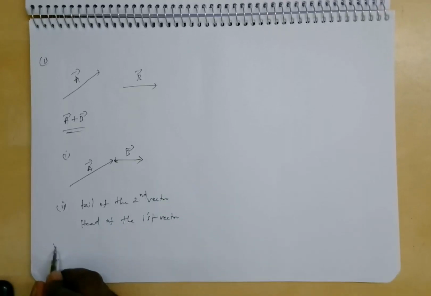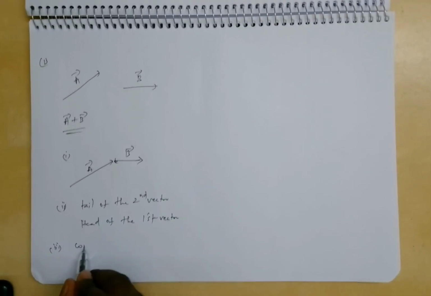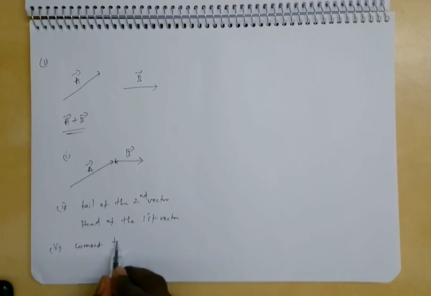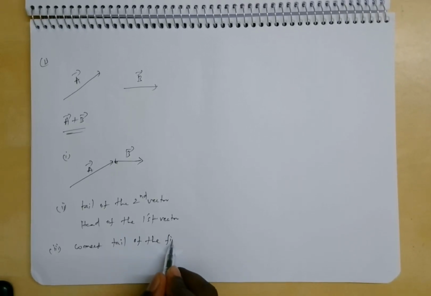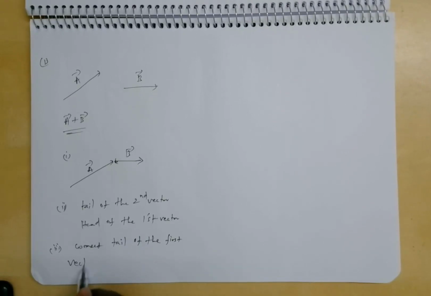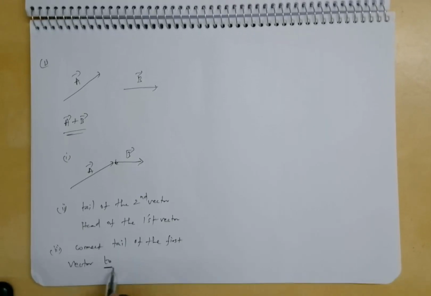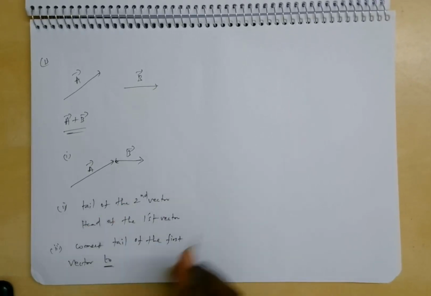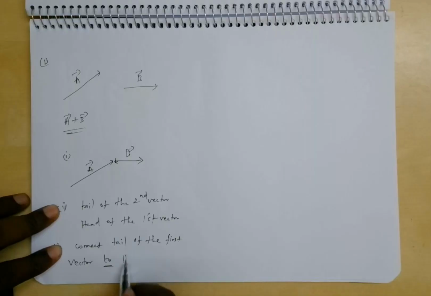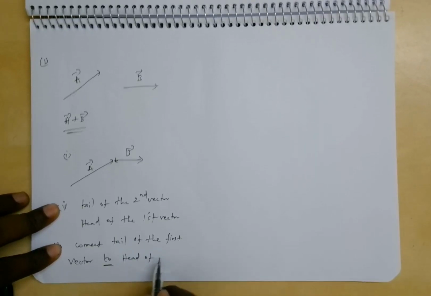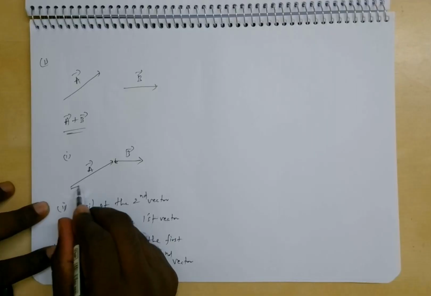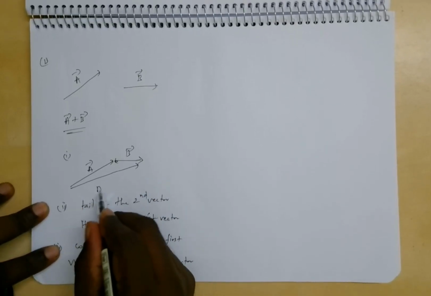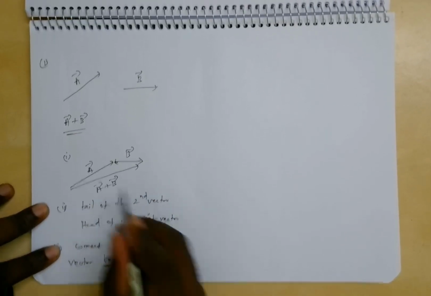Third, connect the tail of the first vector to, this word is very important, you should go from tail to head, the head of the second vector. So this is what you call A vector plus B vector.